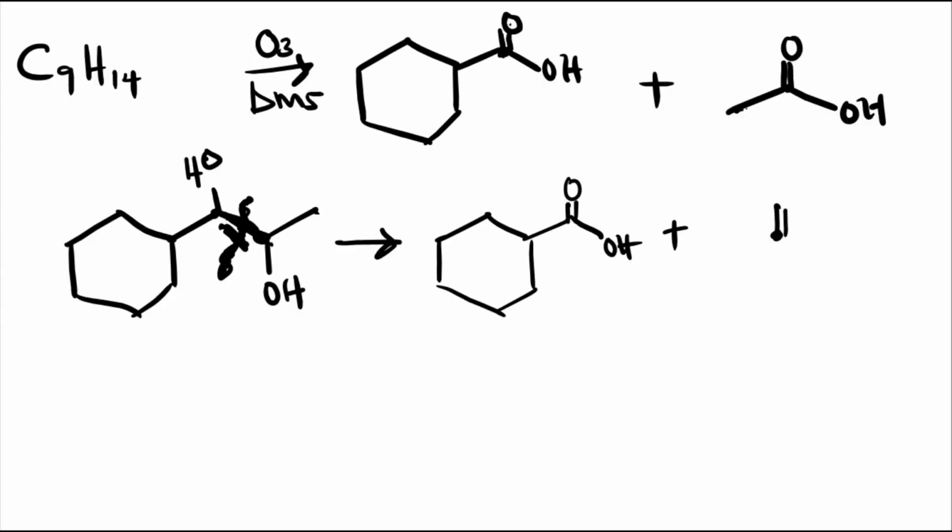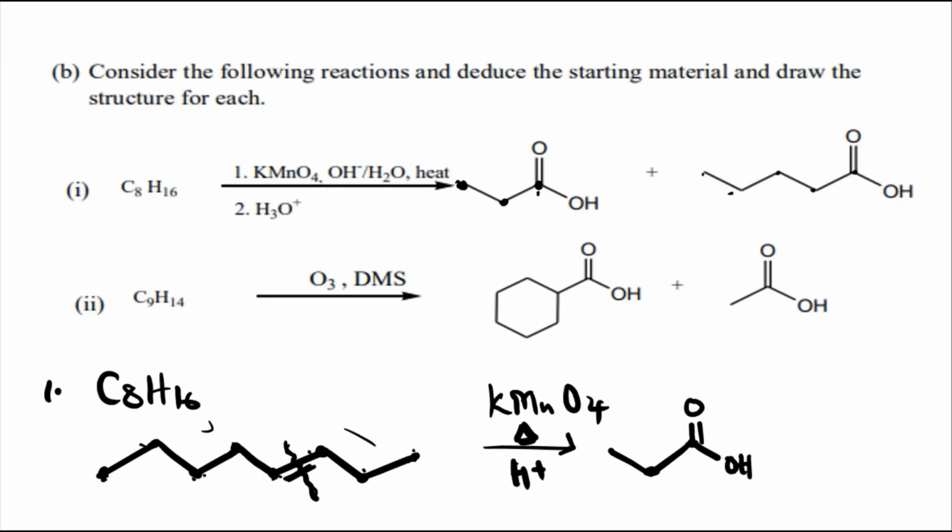There was a double bond, you cleaved, you add an oxygen, and what remained was a methyl this side and an OH this side. So that is how they did the reaction. Those were the starting materials in this question to find these products that they gave us.